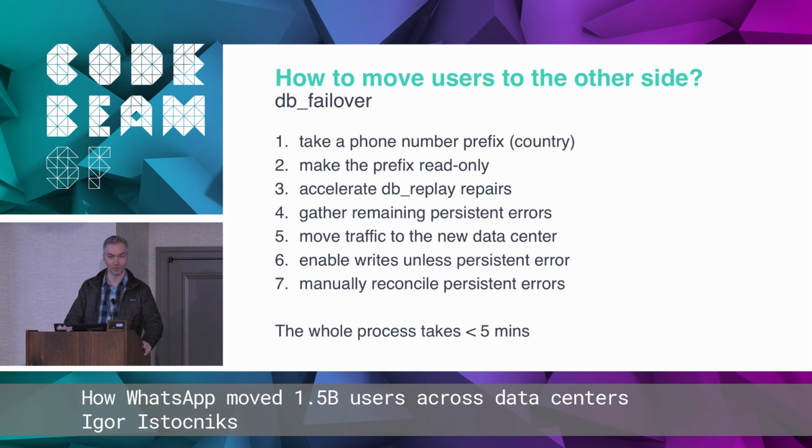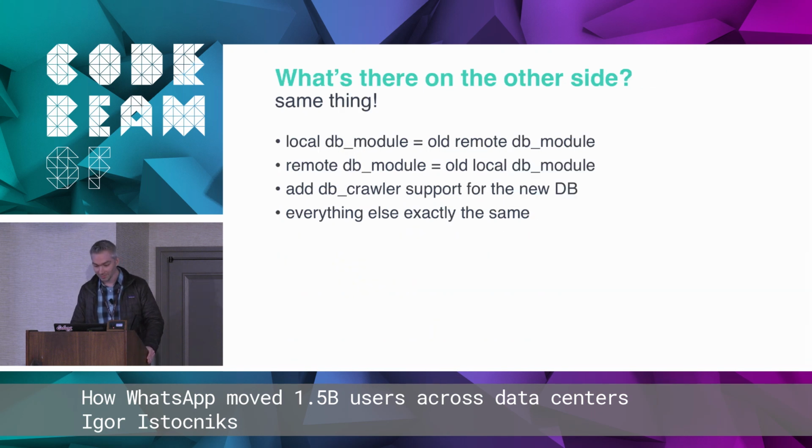Cool, so now we have users on the other side. Now we need to figure out how to replicate data for those users back to the old data center, right? Because we want to make sure that we can move users back if something is wrong. And the great thing about that is that we can do this by just changing the configuration. Remember, we had a local DB module and a remote DB module.